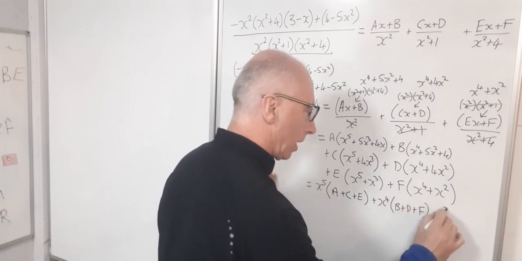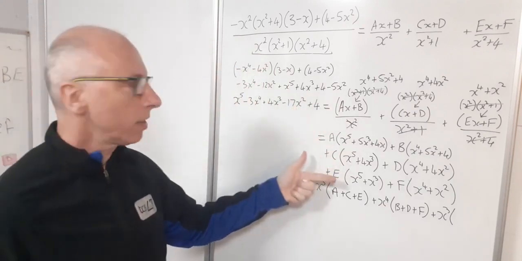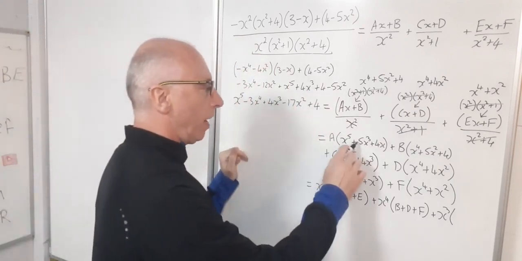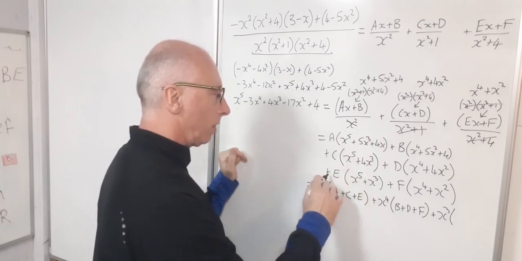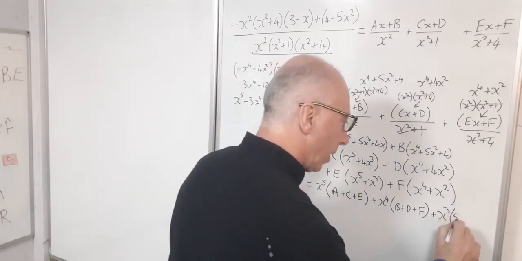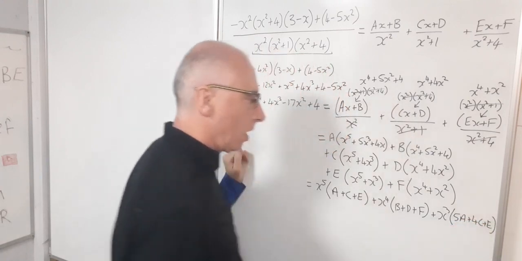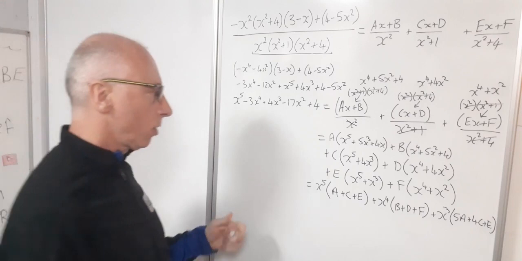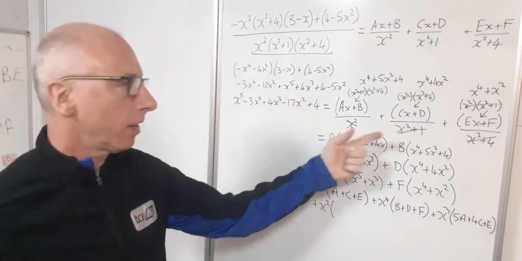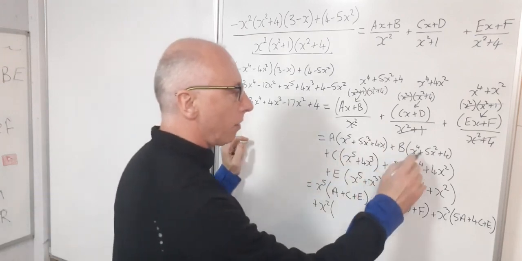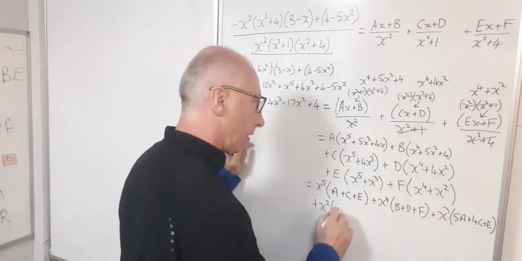Okay, now x cubed. Again, we're looking on this side. So now I'll have 5a, I'll have 4c and a single e. So 5a plus 4c plus e. Okay, right, x squared terms. So plus x squared. Again on this side, I'll have 5b, 4d and a single f.